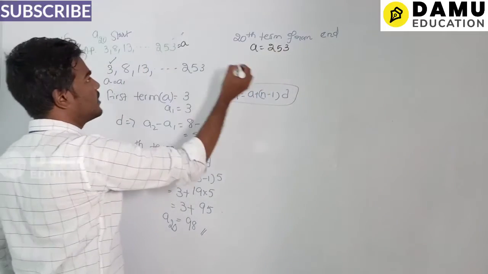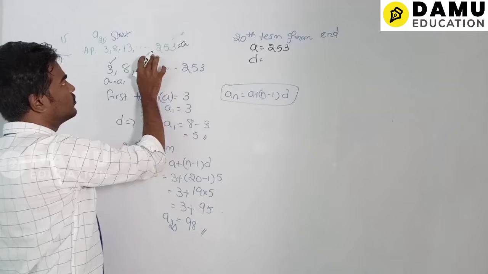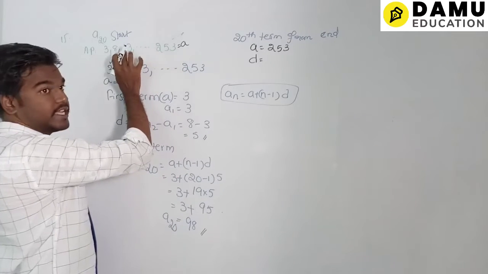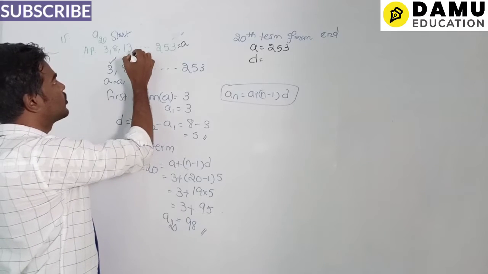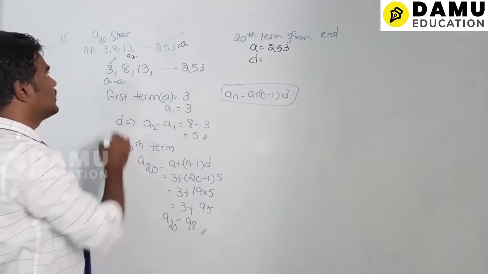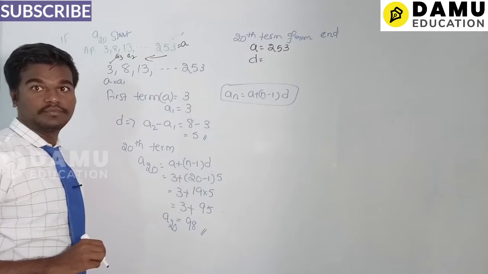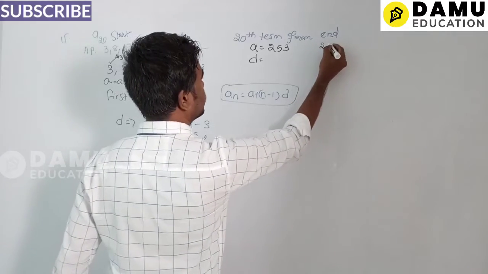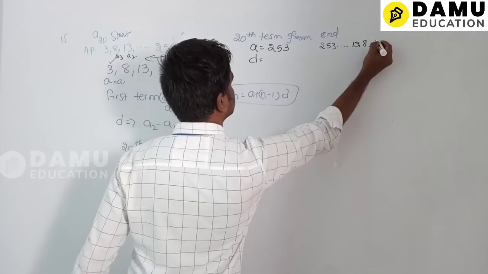Again, what is the common difference? From the end, the series will be reversed: 253 and so on, dot dot dot, 13, 8, 3.